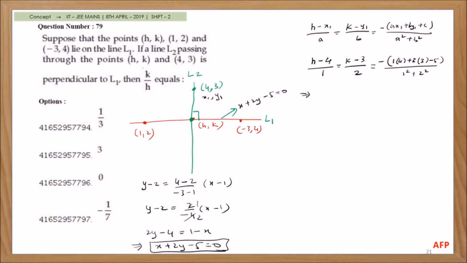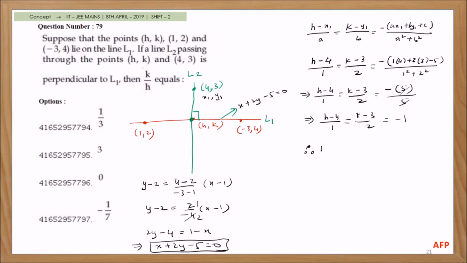So this implies (h minus 4) divided by 1, (k minus 3) divided by 2, minus 5 divided by 5 we got, which is nothing but minus 1 we got.